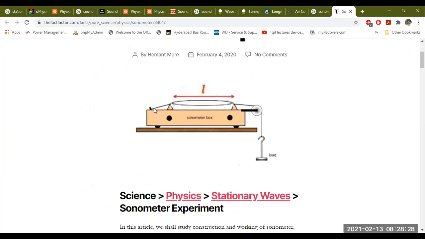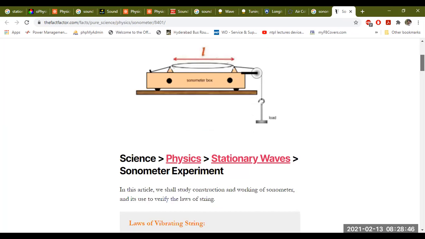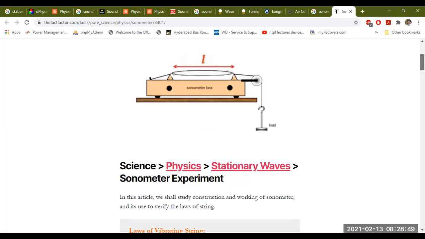They fix a rope over here, then they hang a load through this, and these two will behave like fixed ends and then vibrate. The vibration can be in any n number of loops. So it's like a stationary wave formed between two fixed ends.